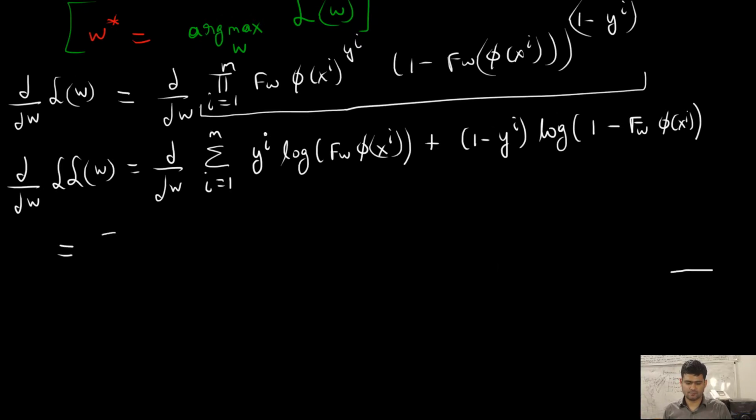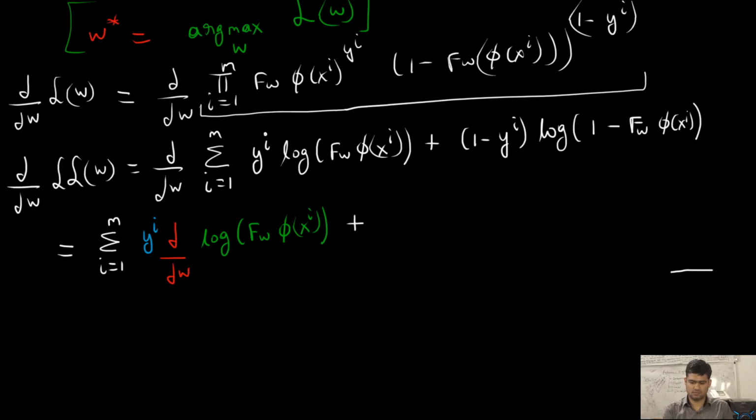So this becomes the sum over i equal to 1 to n of y_i times the derivative of log of f_w phi of x_i, plus 1 minus y_i times the derivative of this expression, which is log of 1 minus f.